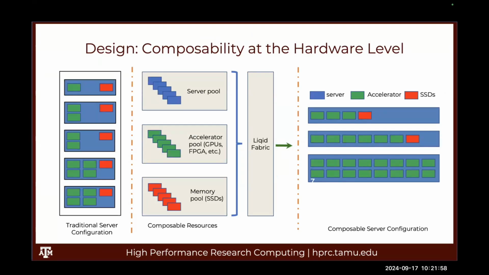Next, I would like to introduce composability at the ACES cluster. When we talk about composability, we are comparing it to the traditional layout. For example, a traditional node can have only a dedicated number of accelerators or memory. For example, we can have 2 A100 GPUs on a node, or 4 T4 GPUs on a node, but they are dedicated and static.